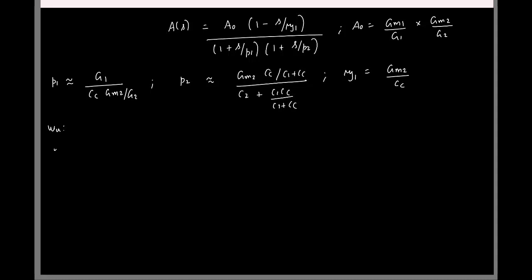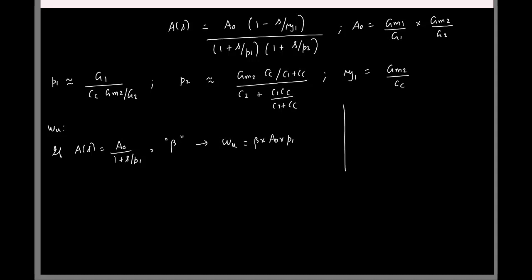And remember, when we had a first order system of this form, and let's say the feedback factor was beta, what was omega u? Beta times A naught times P1.